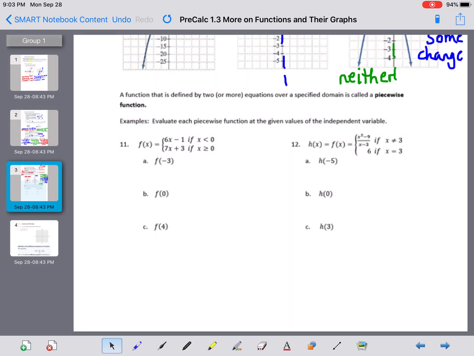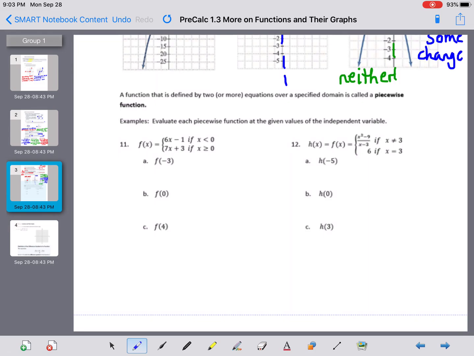So on my first 2 here, all I want you to do is evaluate the piecewise function at the given value, okay? So what you see on number 11, it's considered one function, f of x, but part of it is 6x minus 1 if your x is smaller than 0. And then it's 7x plus 3 if your x equals or is larger than 0. So it depends where you go depending on what your x value is.